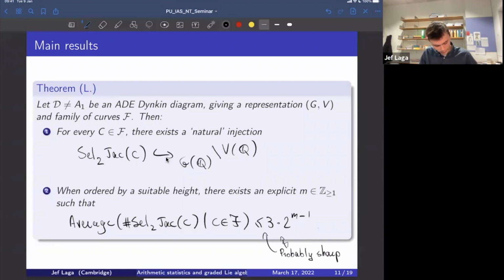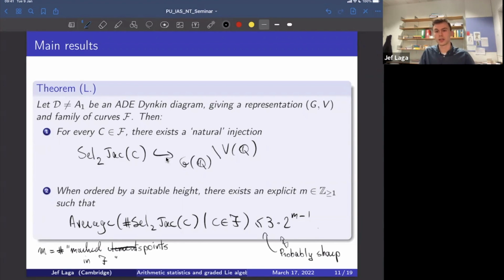Another remark is that this m has a natural interpretation in terms of the family of curves, namely it's the number of marked points in F. In the family of elliptic curves, there's always one marked point, namely the one at infinity, but sometimes there are more.